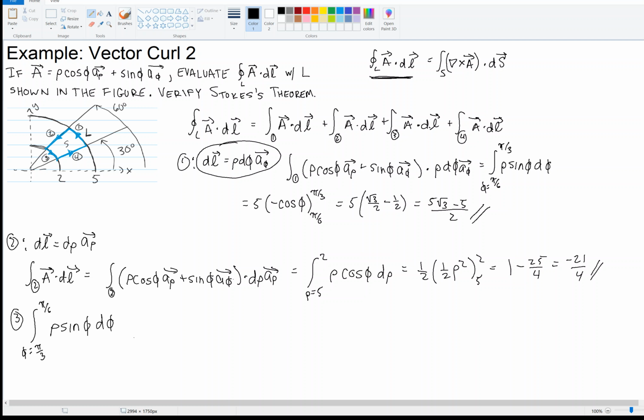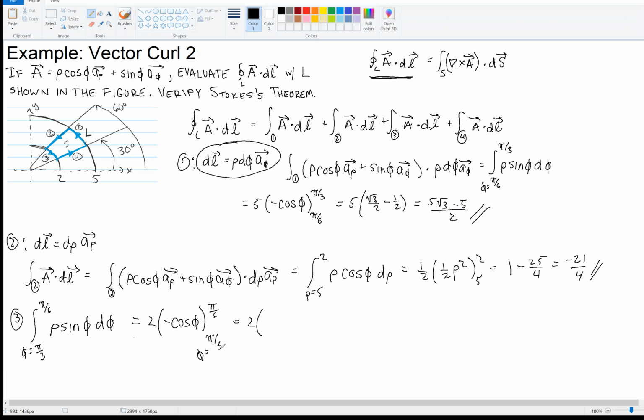Again, a phi is orthogonal to a rho, and so it only picks up the sine phi part of this. Now rho is held constant at 2, so that 2 can come out, and then when we integrate, we get minus cosine of phi from pi over 3 to pi over 6. I plug in the lower bound first because of the minus sign.